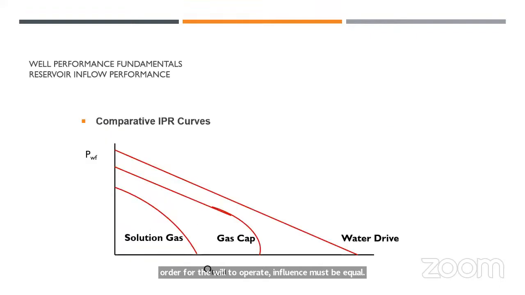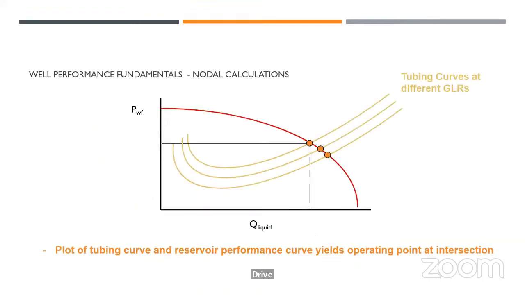Here we differentiate between different drive mechanisms and different IPR models for each one. Here we differentiate between different vertical lift performance relationships based on tubing size, or based on the gas liquid ratio, the amount of gas inside the liquid.